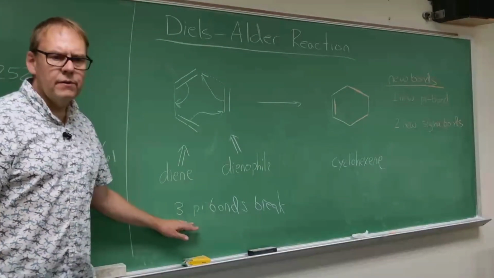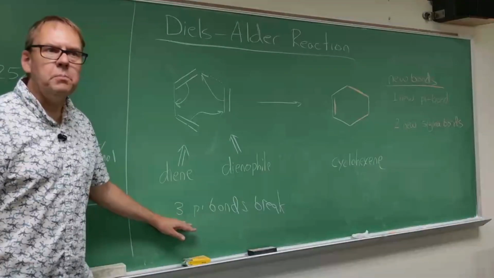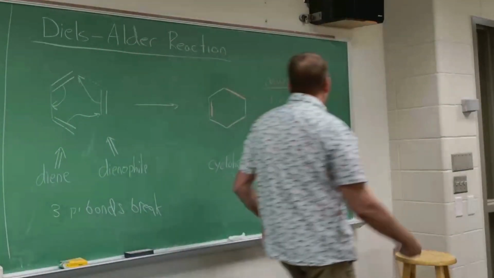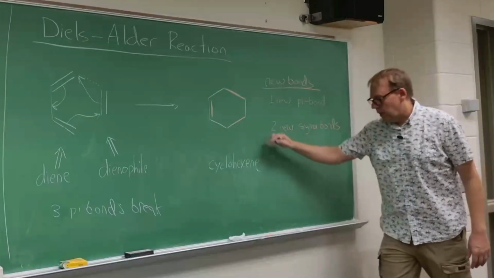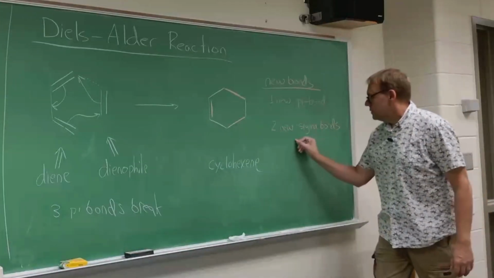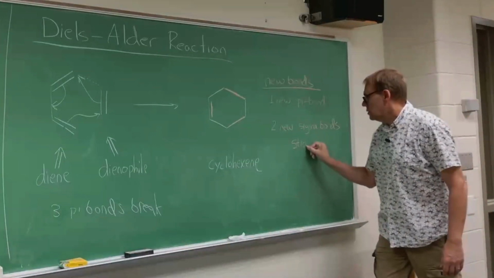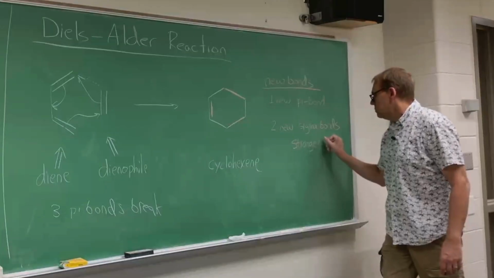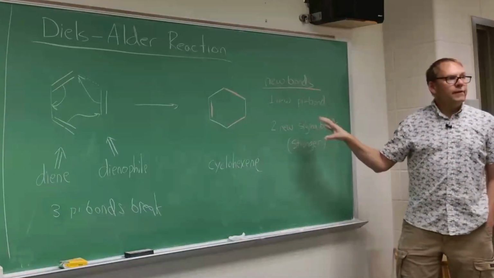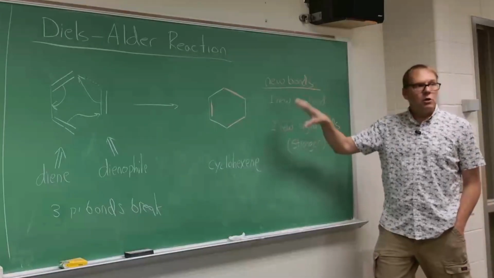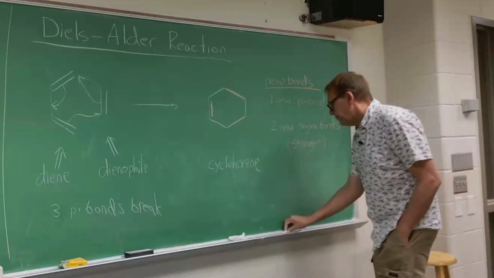Pi bonds are weaker than sigma bonds. So if you break 3 weak bonds and then in the product you form back 1 of the weak bonds but 2 stronger sigma bonds, this is energetically favorable in that the products have stronger bonds than the starting materials.